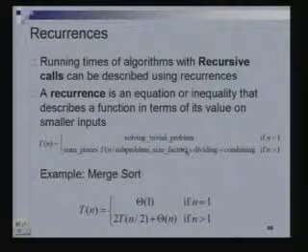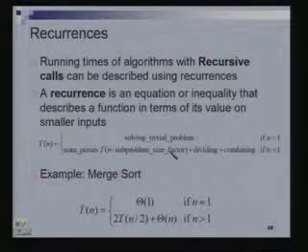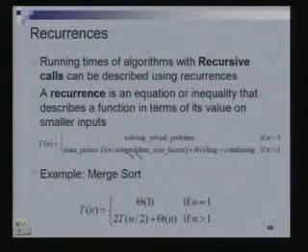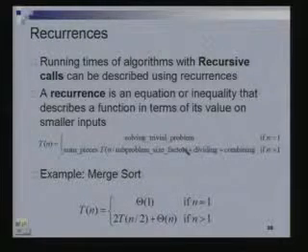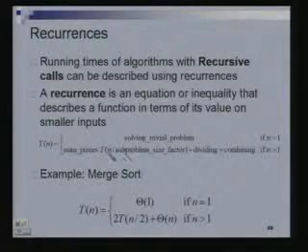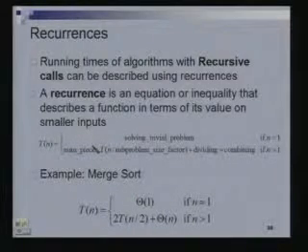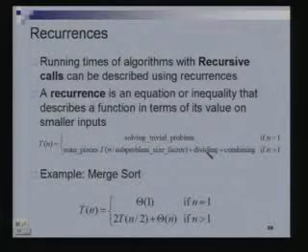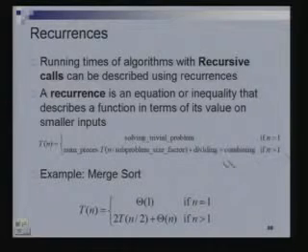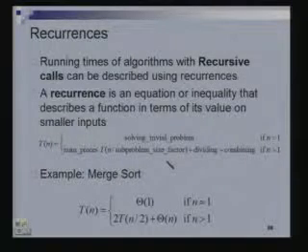By the sub-problem size factor, I mean by what factor I have reduced the size of the problem. That is the time required to solve each sub-problem. That times the number of sub-problems is the total time required to solve the various sub-problems, plus the time required to do the division, plus the time required to do the combining. That would in general be the recurrence that you would get.